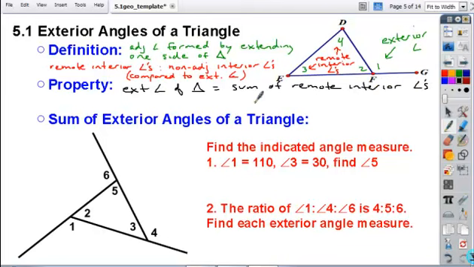So again, if we base it off of this diagram right here, the relationship that exists is the measure of angle 1, that exterior angle, is equal to the sum of the remote interior angles 3 and 4.